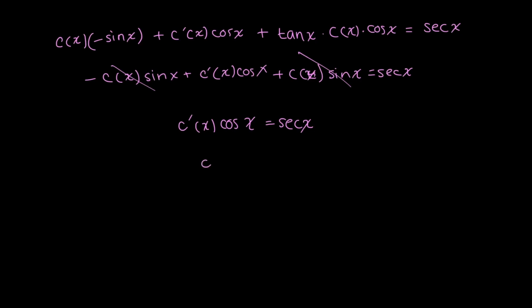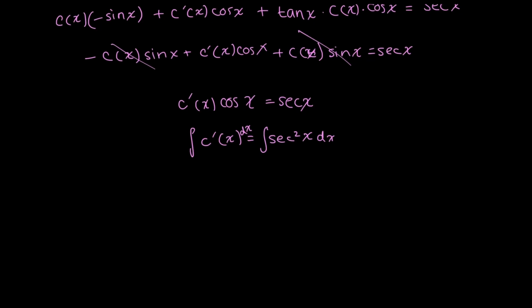So c prime of x is equal to secant x divided by cosine x on both sides, which is just secant squared x. And the very last step is to just integrate both sides, with respect to x.